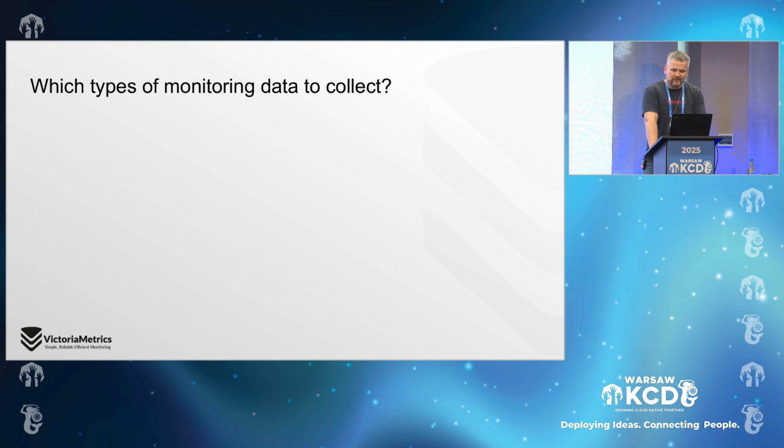Which types of monitoring data to collect? I think that the majority of you know these types of data, but let's repeat them. This is metrics. This is events. Events in Kubernetes are usually generated by the control plane when some important events happen, and such events are just structured logs.